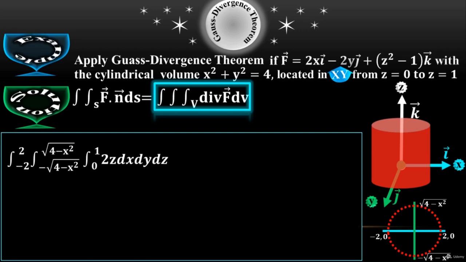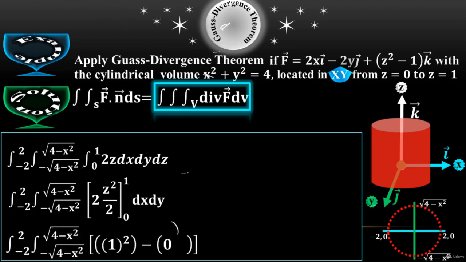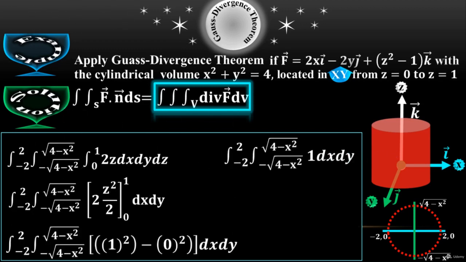Let me first integrate with respect to z to have 2z squared over 2. Expand the limits. Finally, I have 1 dx dy. This equation is a perfect circle because I'm left with dx and dy, since the bottom lies in the xy plane, which is exactly a circle. Therefore, I can simply write pi r square, which is the equation of a circle.